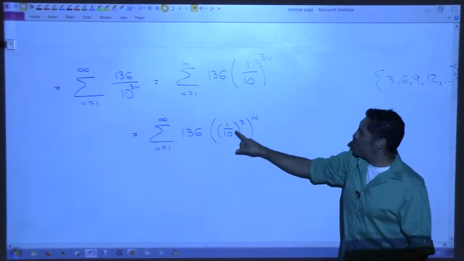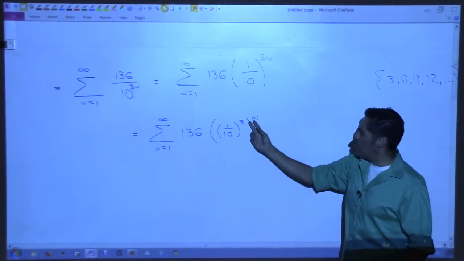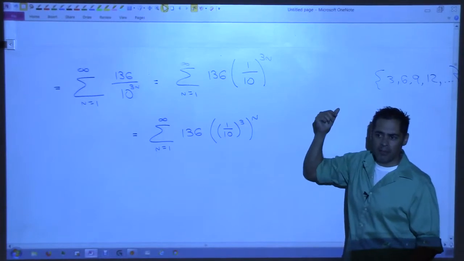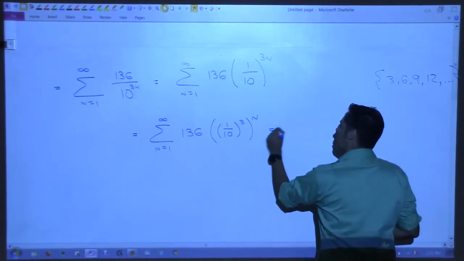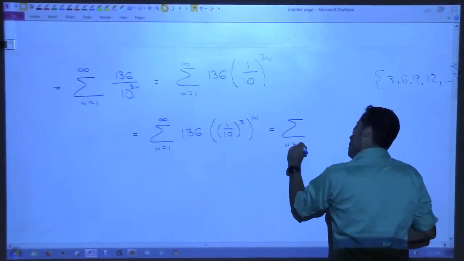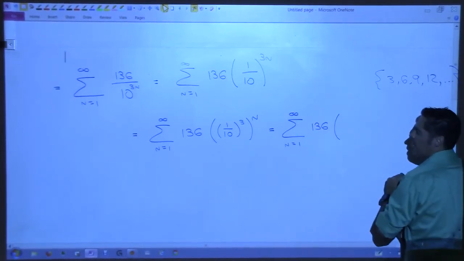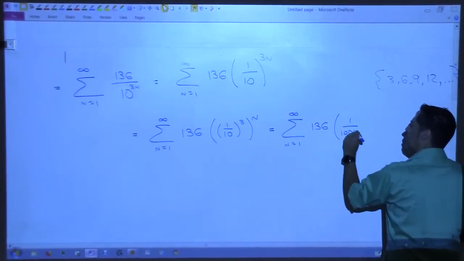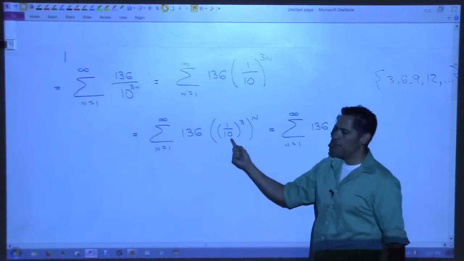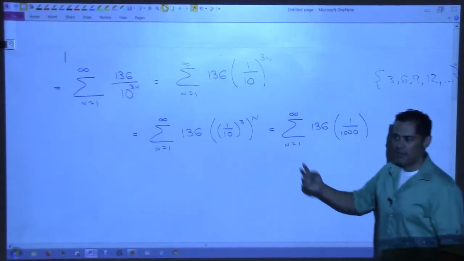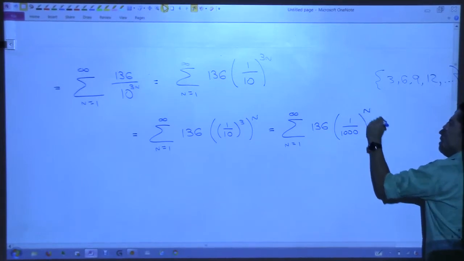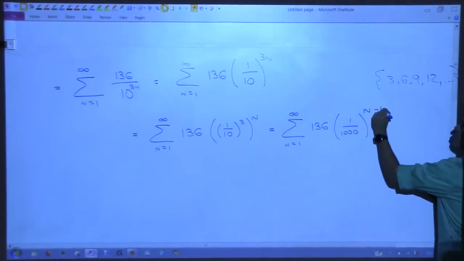But if I take something to a power, you're supposed to multiply those, and that would be 3n, yes? So this is really just this 136, and then 1/10 cubed is really 1/1000th. Right, that's what that is. But then to the n. But I don't want n, I want n minus 1 plus 1.